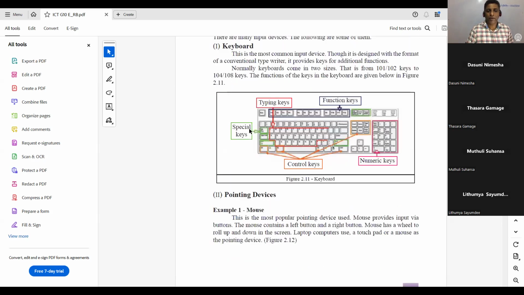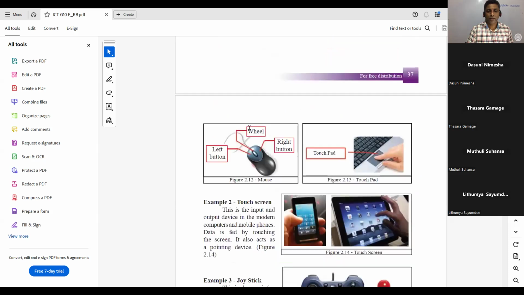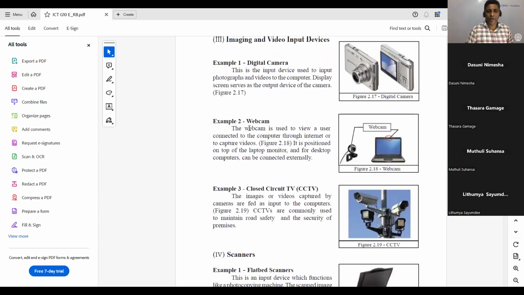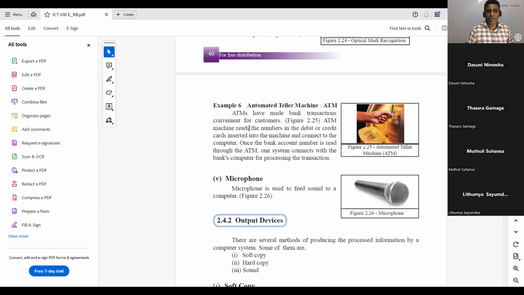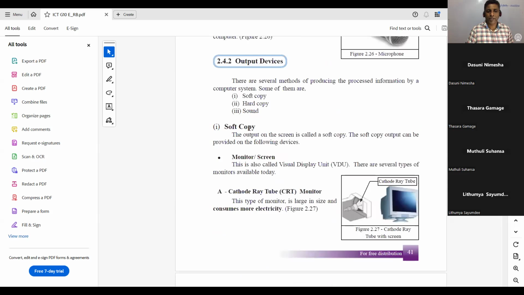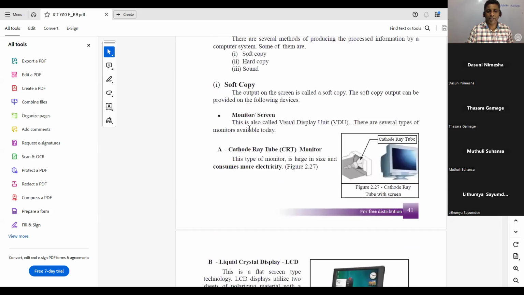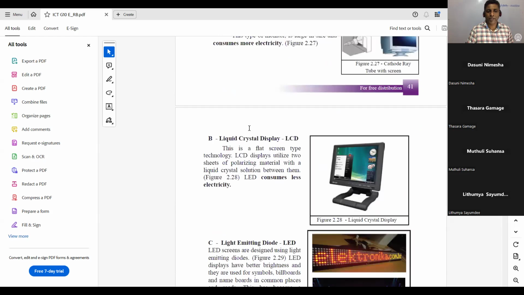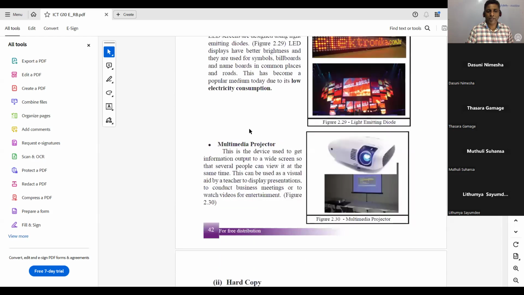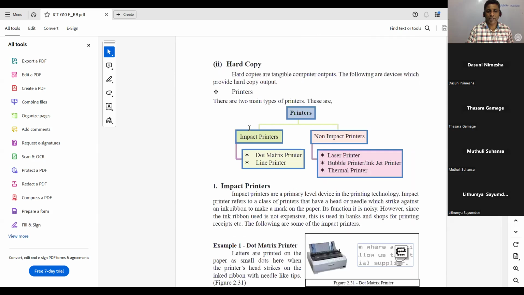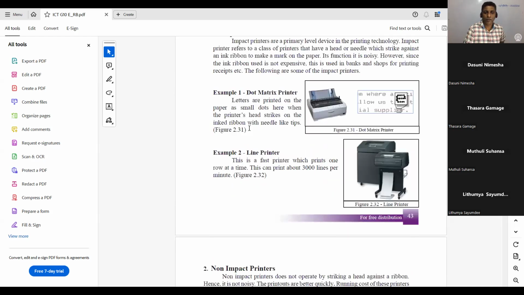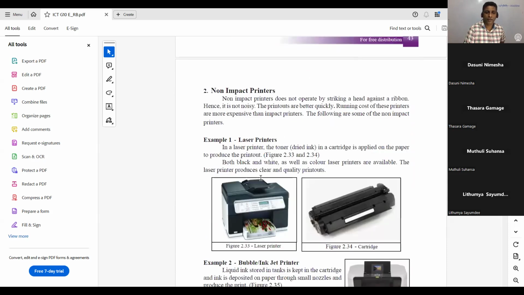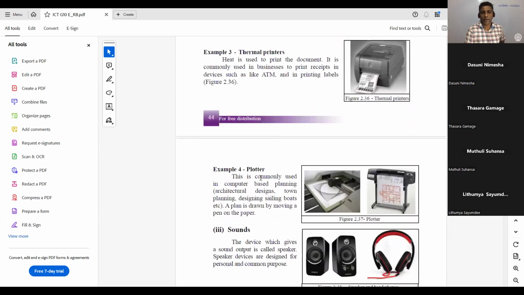We have to talk about input devices, output devices, imaging devices, scanners, ATM cards, microphones. Output devices: LCD technologies, LED technologies, multimedia projectors, and printers. There are a few models like dot matrix, line printers, impact printers, daisy wheel printers, thermal printers.